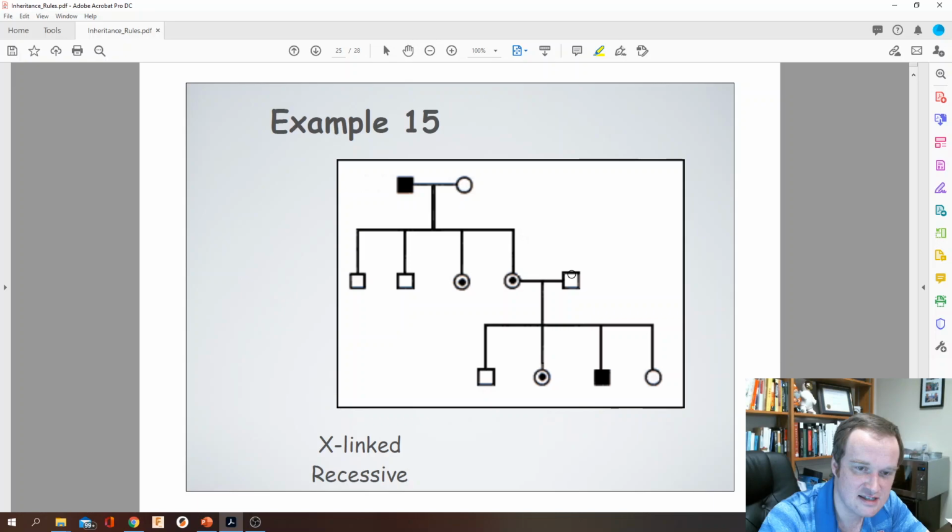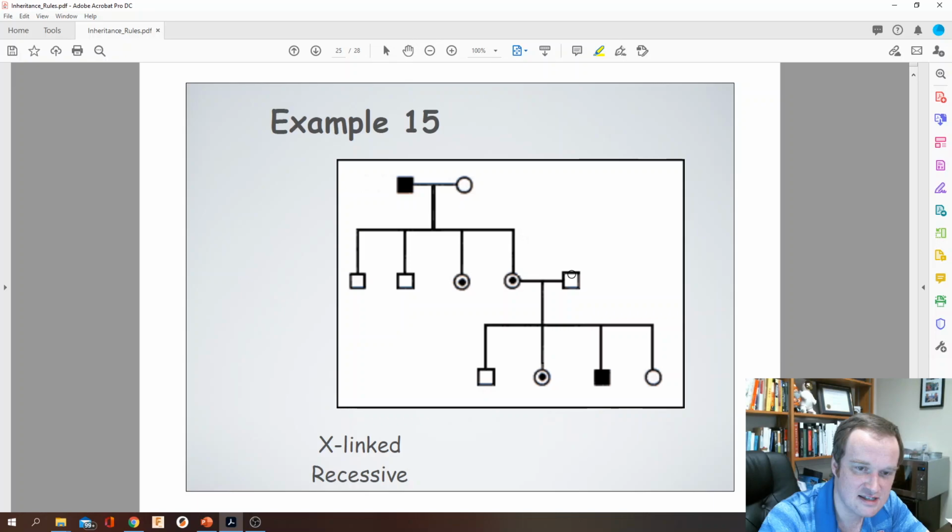So in this case, it's kind of hard to see back here. Again, this is another annotation of a carrier, either the circle inside or a half circle. So you have a carrier mother who has a son that has it and a daughter that's a carrier. The daughter has two sons that have it, and then this guy has a daughter that is a carrier, and then a grandchild that has it.